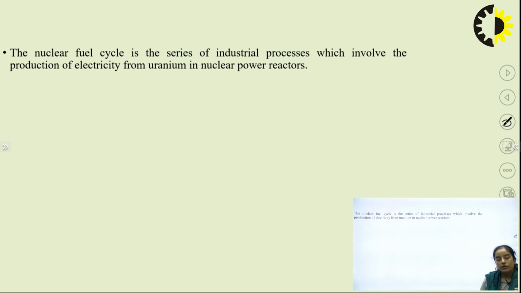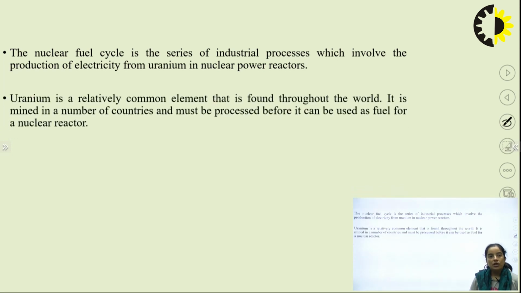In that reactor, this uranium rod is used as fuel for producing electricity in the nuclear power plant. So the nuclear fuel cycle is basically a series of industrial processes which involve the production of electricity from uranium in its reactor.